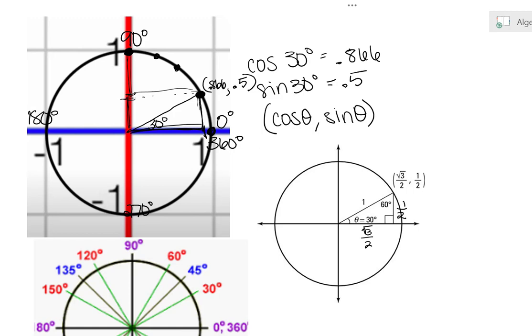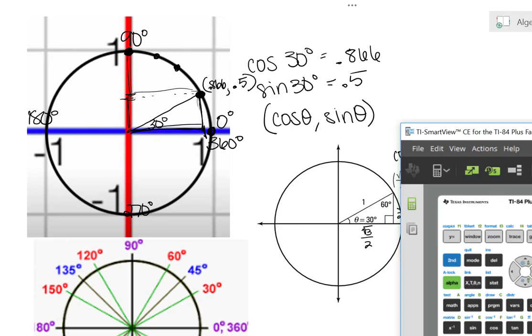When I do cosine, adjacent over hypotenuse, square root 3 over 2 divided by 1, I get that cosine of 30 equals root 3 over 2, and sine, opposite over hypotenuse, equals 1/2 divided by 1, which is just 1/2.